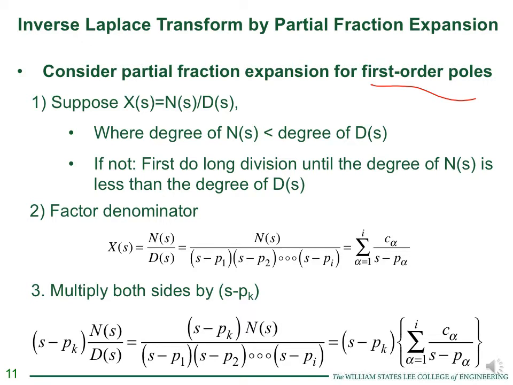So the first thing, when you have some Laplace function X of s, it has a numerator and a denominator. You need to have the degree of the numerator less than the degree of the denominator. If that is not true, you need to do long division to put it in the proper form, until the remainder fraction has the form where the degree of the numerator is less than the degree of the denominator.